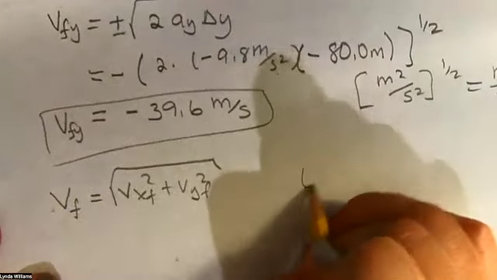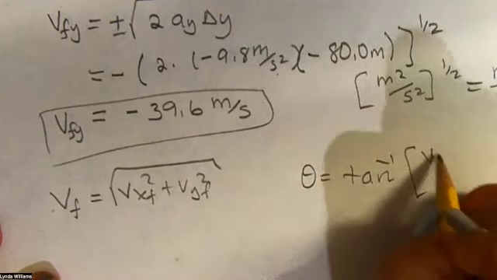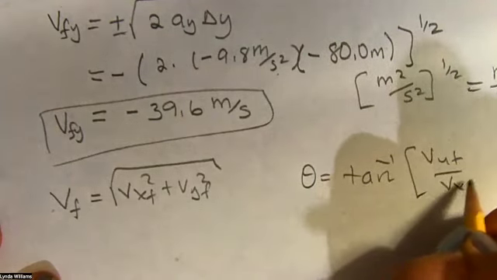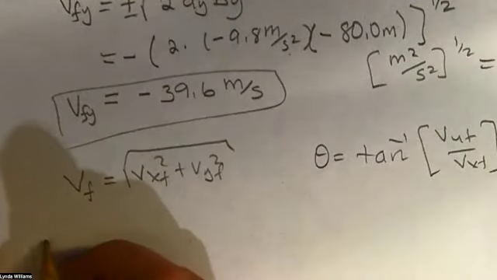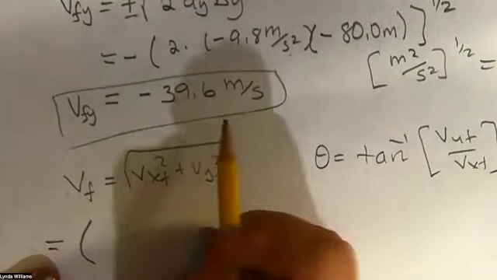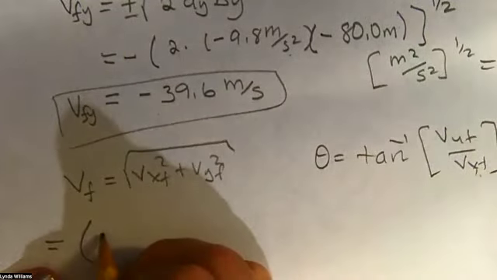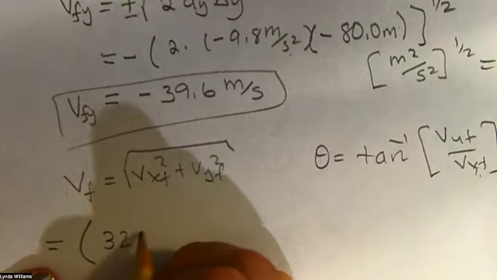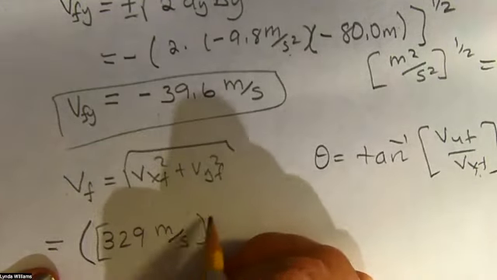And then to get the angle, I'll use the inverse tangent of Vy final over Vx final. Okay, so let's go ahead and do that. And I get, all right, so we got to keep the signs, especially when we get to the angle. So I have for the x component, what I found out from the first part.